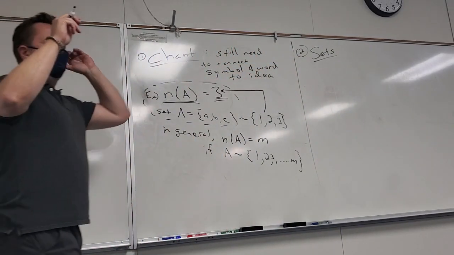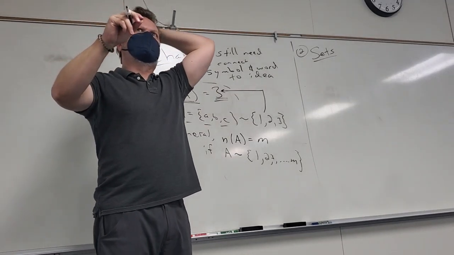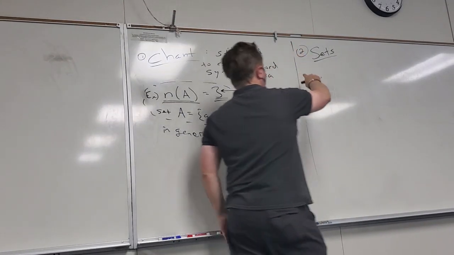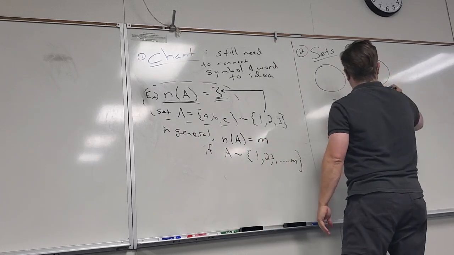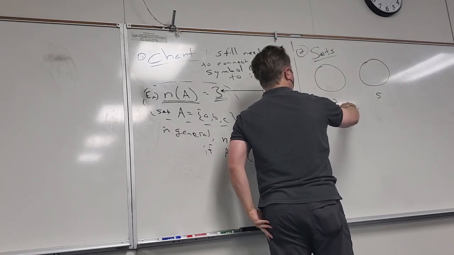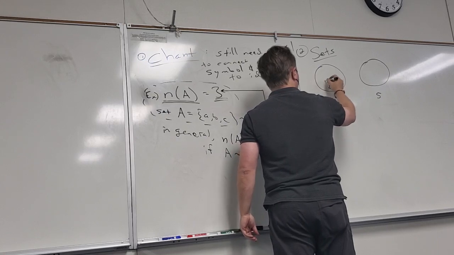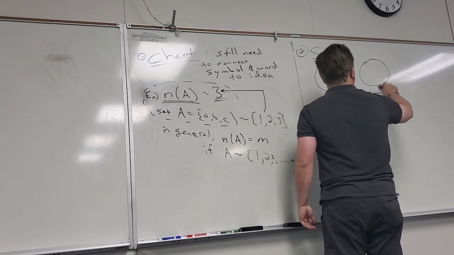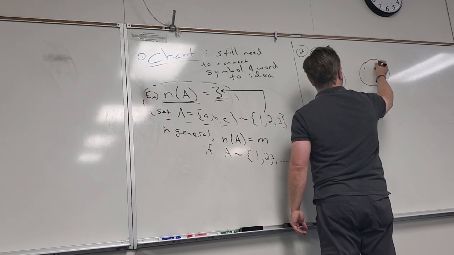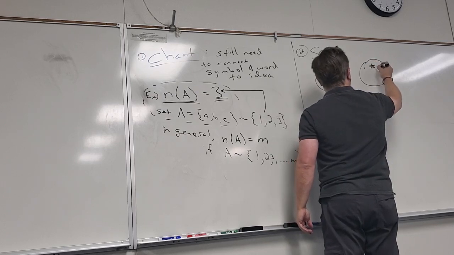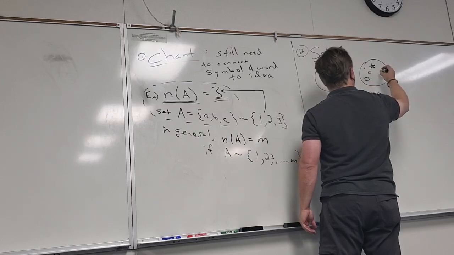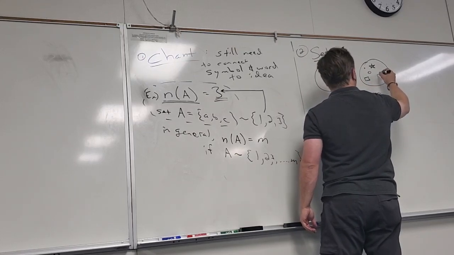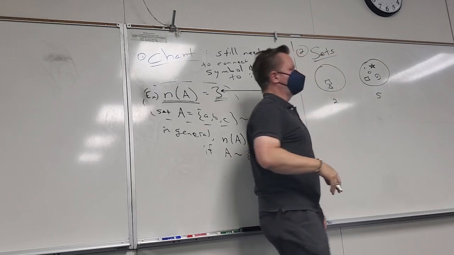And one thing you can start to do with sets, a set that could represent 2 might be something like this, and a set that could represent 5 might be something like this. See if I can be any creative at all.